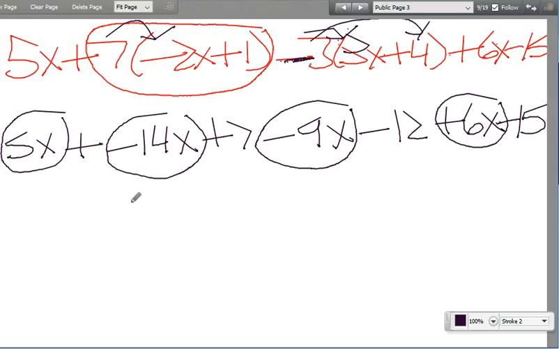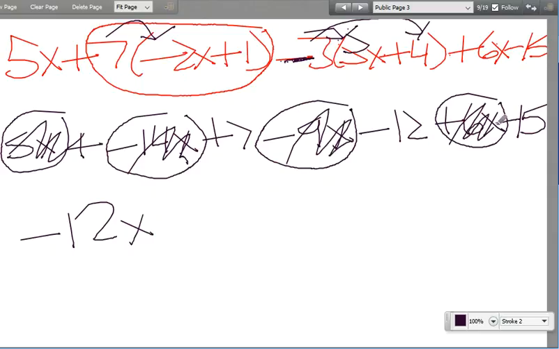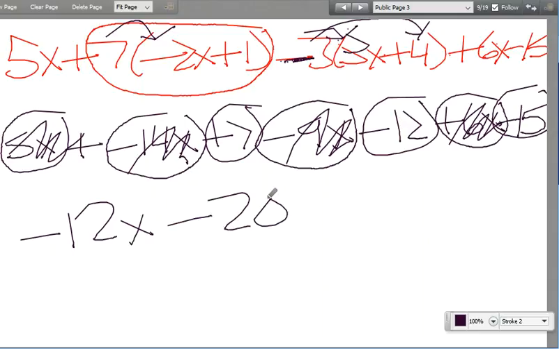And that will give you negative 18 plus 6 is negative 12x. Okay, then we have 7, negative 12, negative 15. So 7 plus negative 12 is negative 5. Negative 5 plus negative 15 is negative 20.